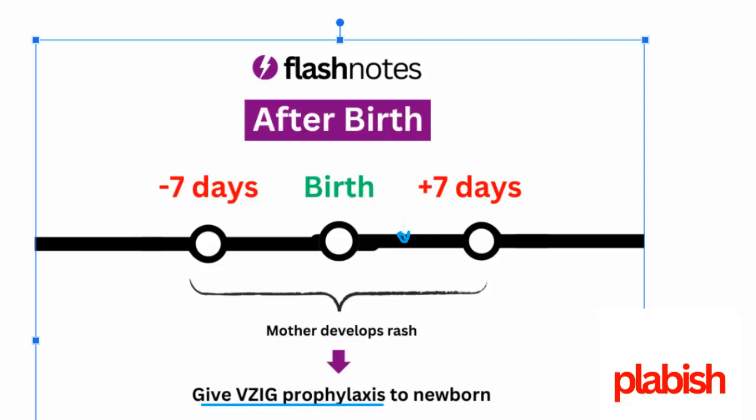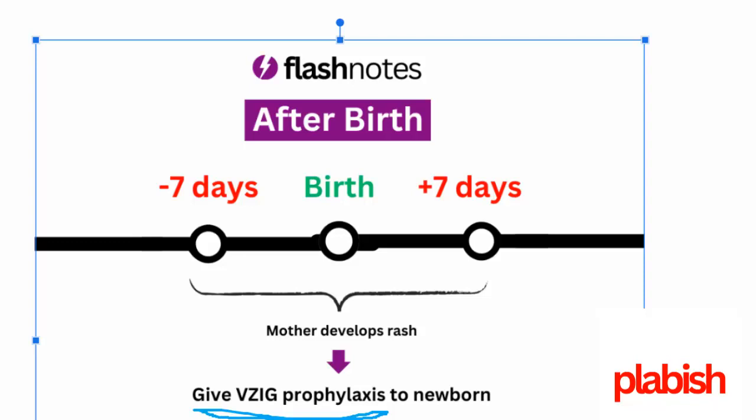If she is presenting at this point, it means she was infected maybe 2 days, 3 days, or 5 days before. It means she did not have enough chance to make antibodies and transfer them to her baby. So her baby, the newborn, is not yet protected. So you have to give it as prophylaxis to prevent the baby from developing any complications.